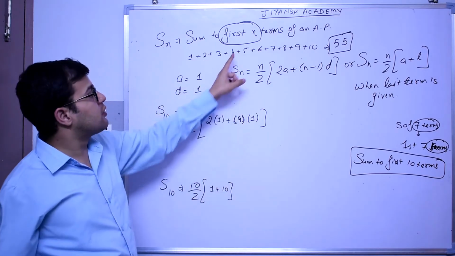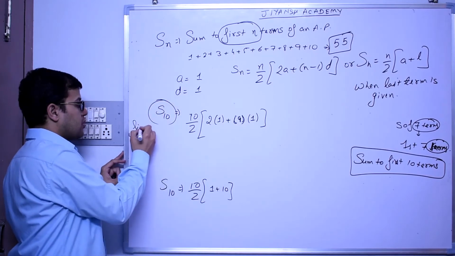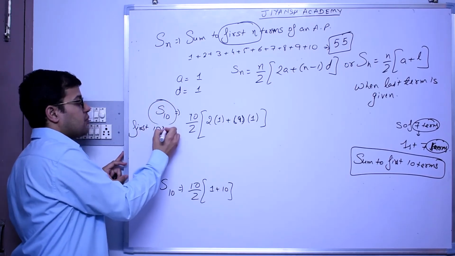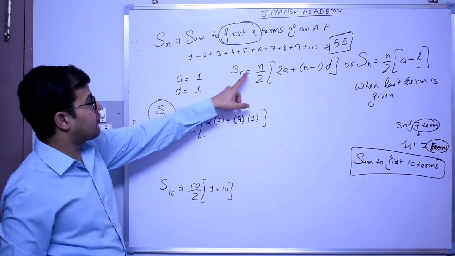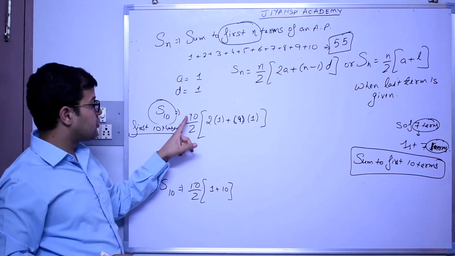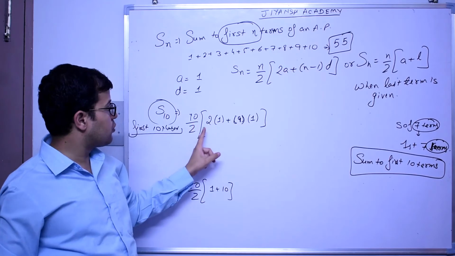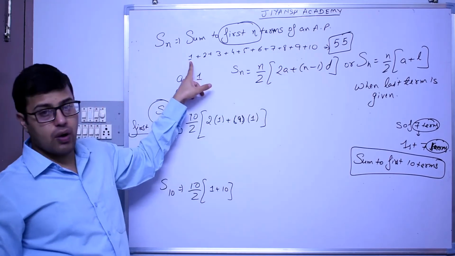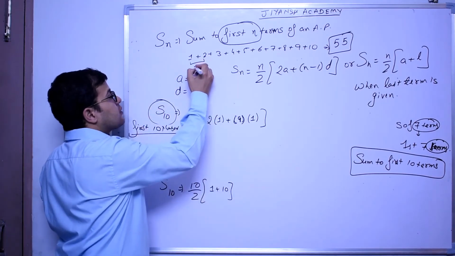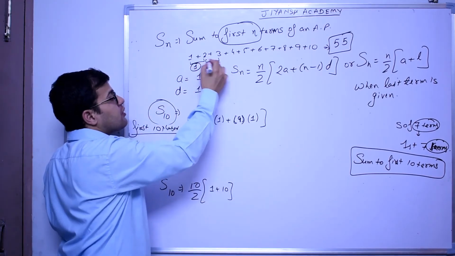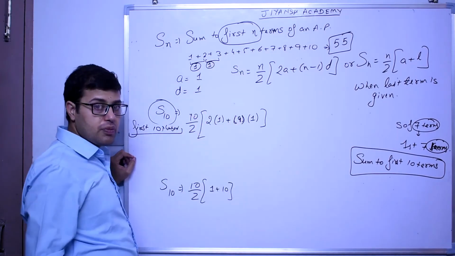So we'll try to verify it with the same formula, S10, the sum of first 10 numbers, starting from number 1. In this formula n is replaced by 10, so 10 by 2 into twice a, since a is 1, the first term, and the common difference is 1, because if I subtract these two terms I get 1, so the difference between consecutive numbers is 1.